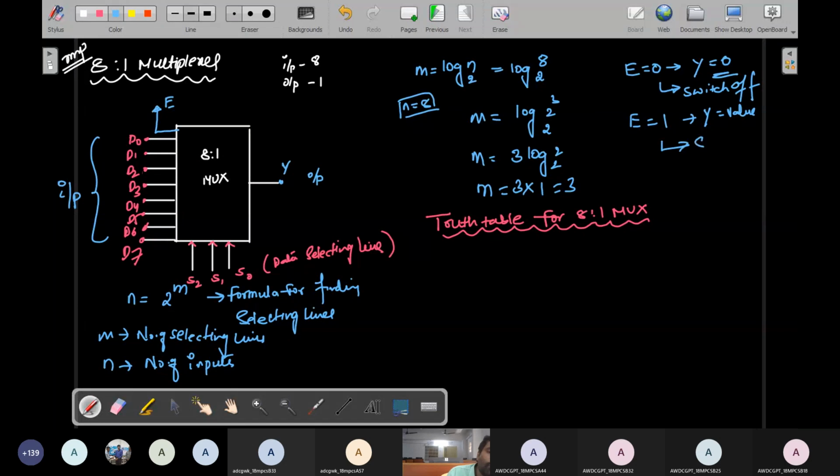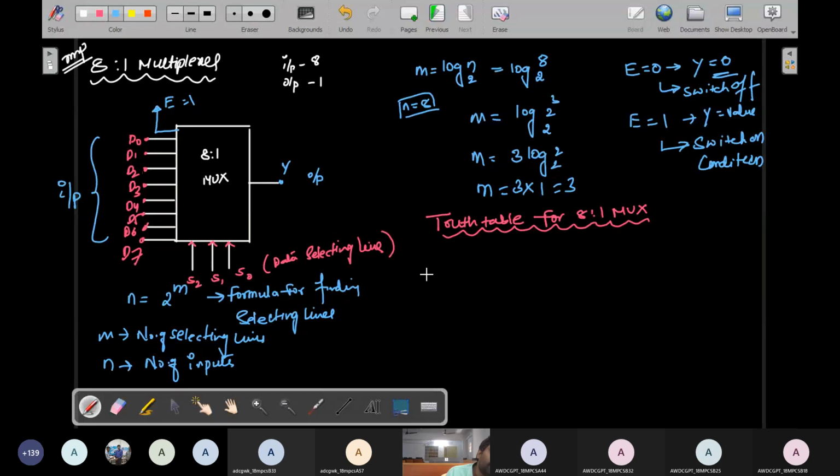This is called the switch on condition. So enable is always kept at 1, because if enable is 0 there is no use of this multiplexer, as it doesn't work with enable at 0. Therefore we always put E equal to 1 only.